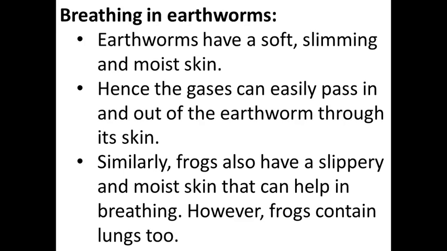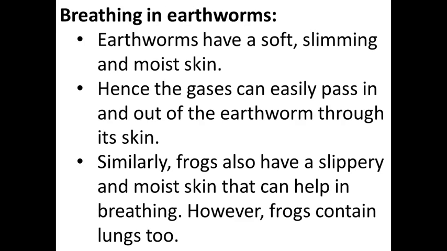Understood? Similarly, frogs also have a slippery and moist skin that can help in breathing. However, frogs contain lungs too. So frogs actually do two types of breathing. What does that mean? See, frogs live both on land as well as in water. They take in some oxygen through their moist skin while they are in water.